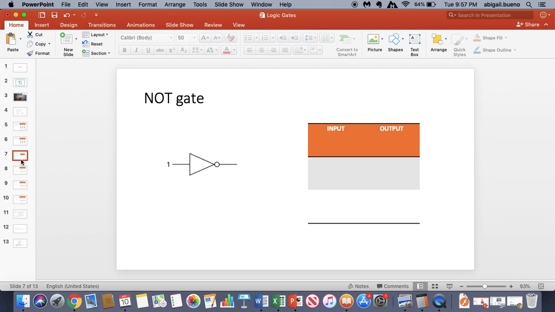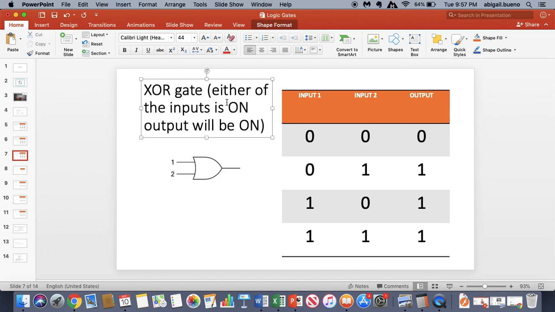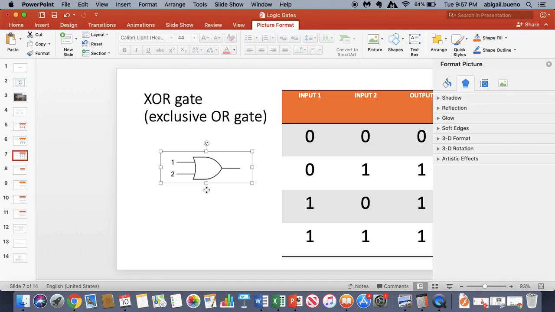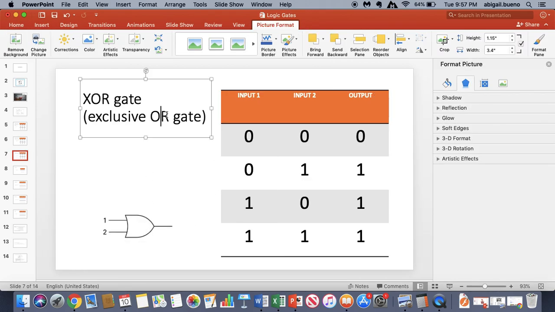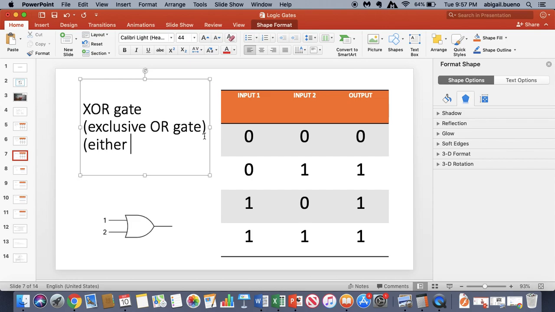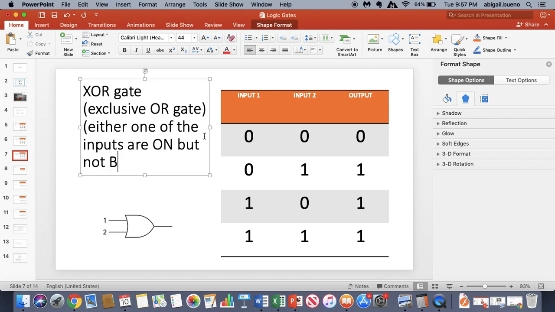Later we have an exclusive OR. I'll just copy this. We have an XOR gate. What is an XOR gate? It is an exclusive OR gate, meaning it will only be turned on if either one of the inputs is on, but not both.